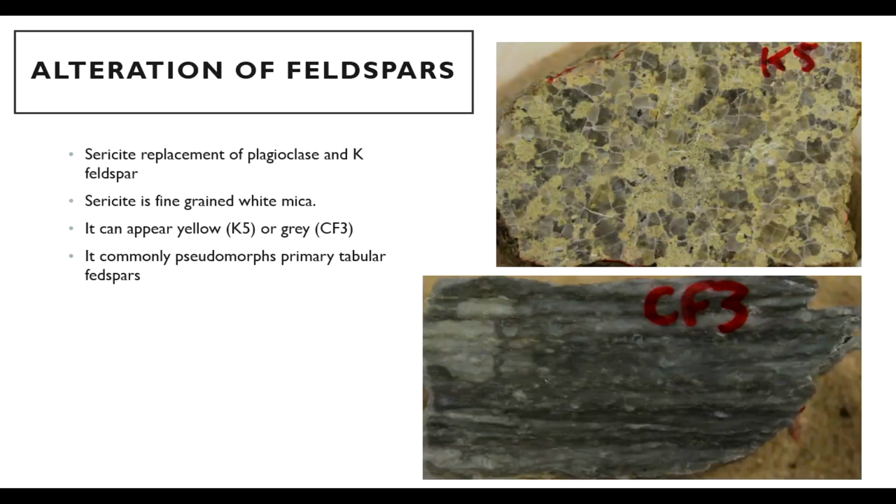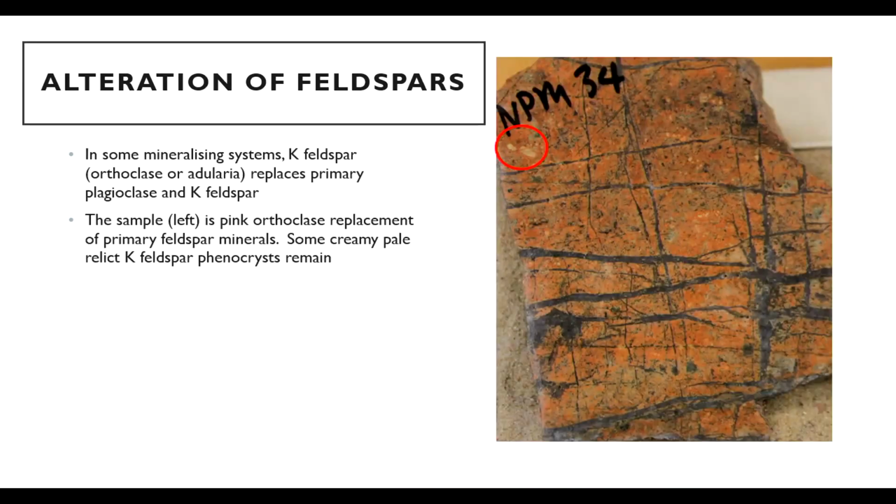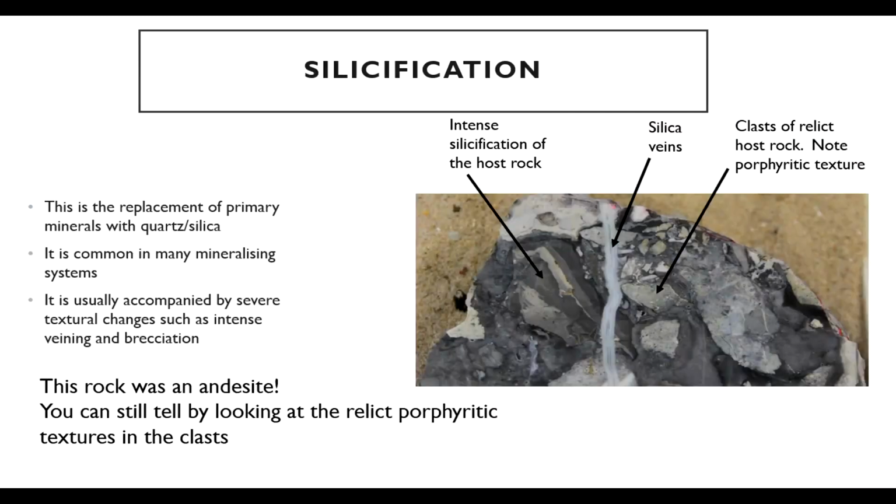And we keep going. In this case, we might have sericite. You could go highly potassic, introduce K feldspar. Or you might silicify the rock. So that's when you're just introducing silica.